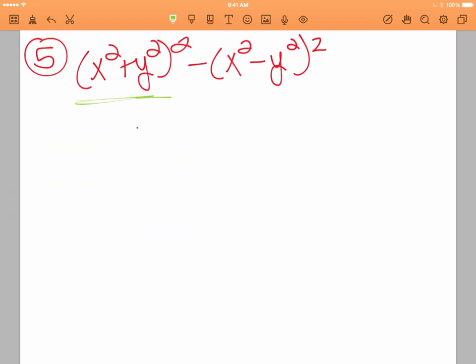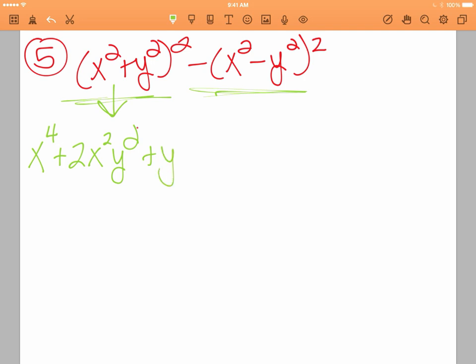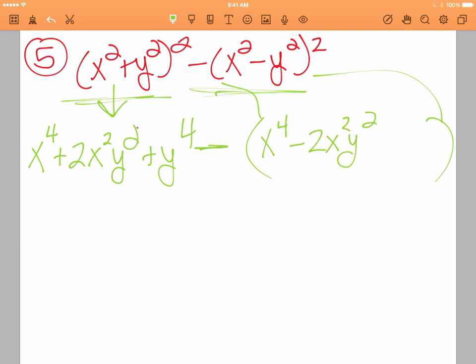In this example, notice that it combines the two previous examples. So x squared plus y squared, if we look at example 3, was x to the 4th plus 2x squared y squared plus y to the 4th. Minus, now you have to put the whole result in parentheses. X squared minus y squared, squared, became x to the 4th minus 2x squared y squared plus y to the 4th.